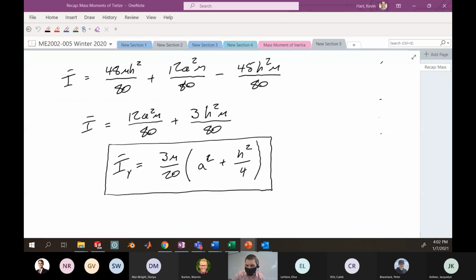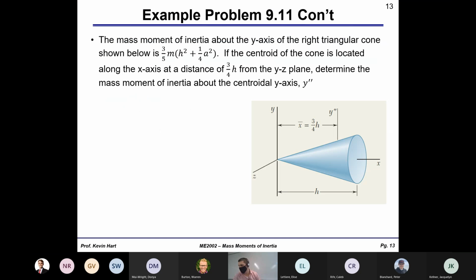So last we left off, we were looking at parallel axis theorem, and specifically we were finishing our cone example by looking at what is the mass moment of inertia of this particular cone about its own centroid. So we had done, with direct integration, calculation of the mass moment of inertia about an axis that passes through the tip of the cone on this backside.